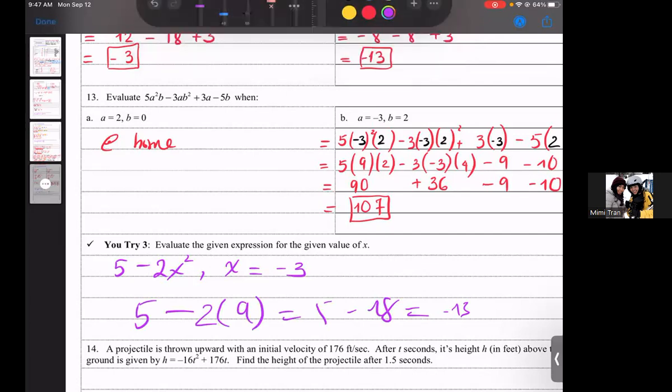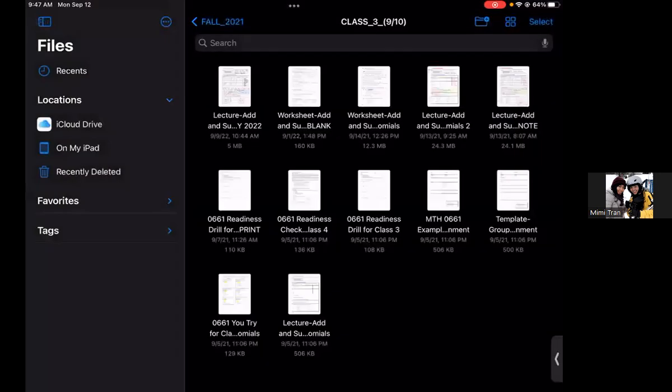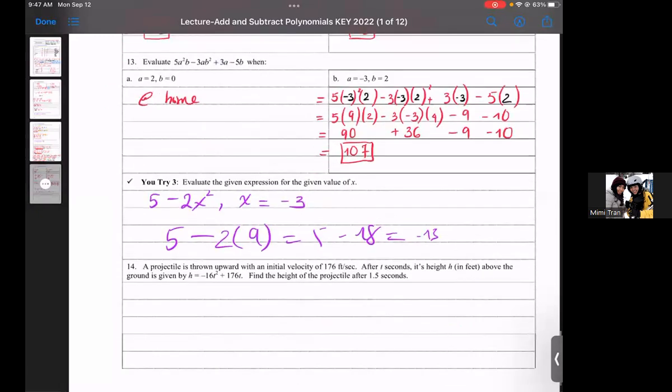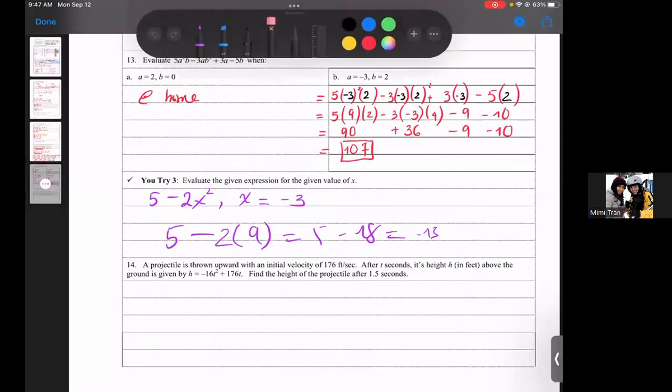Don't put in you try yet. You did it. All right, I gotta fix it a little bit. That's why I said don't put it in there. Is x equal -2? Let me go back. Here. Okay, now you can do it.